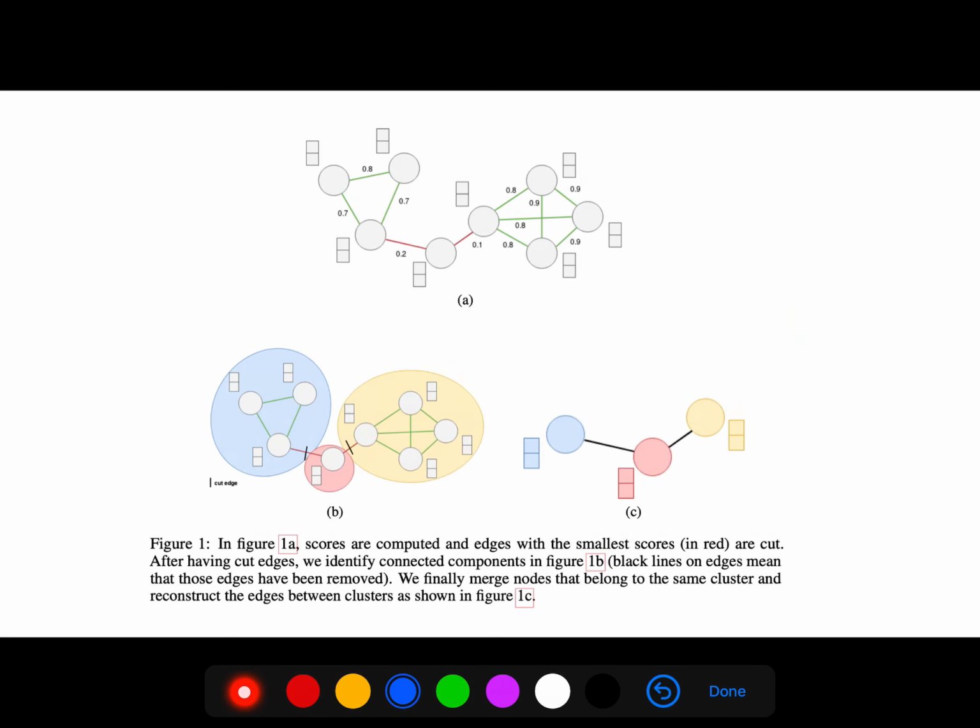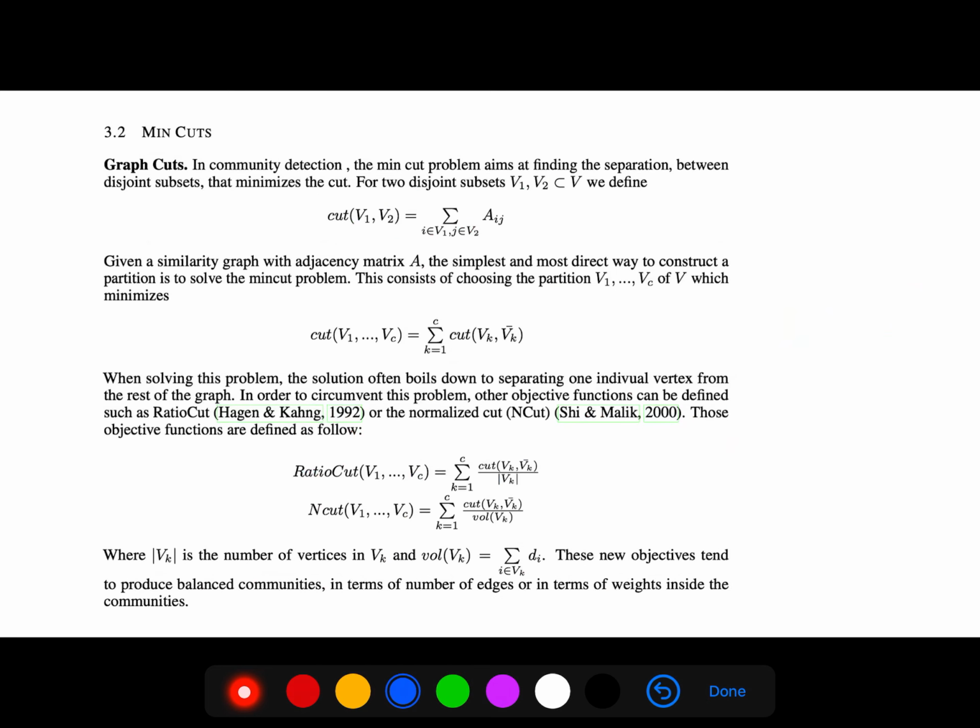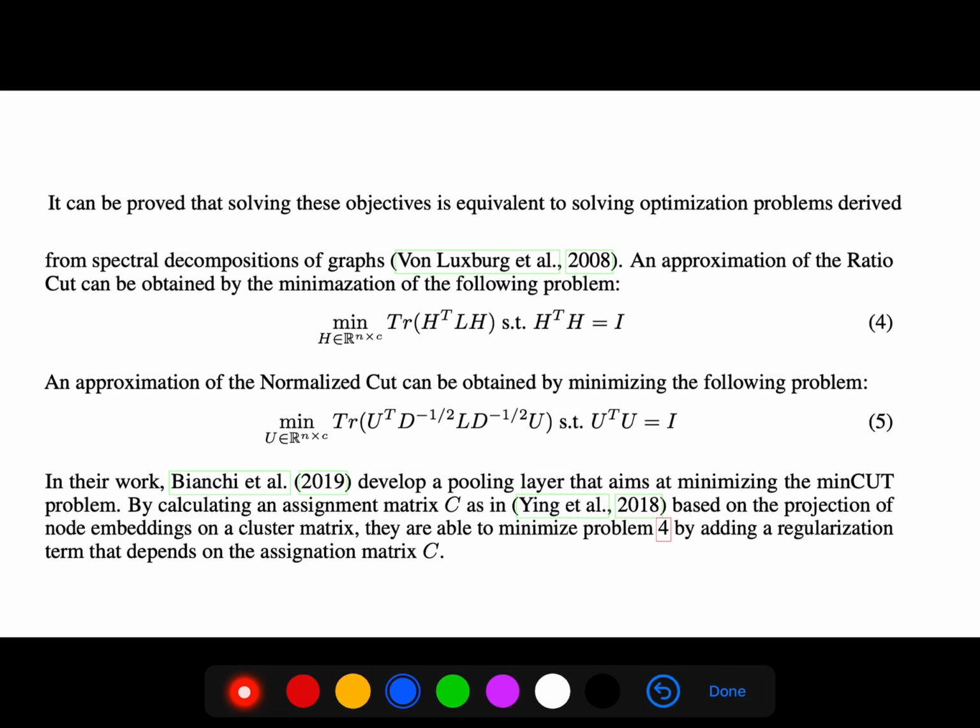And you see here, it's very similar to some other papers as well. For example, the min cut idea is not new, though they use min cut. But the way they do it is much easier. An approximation of the ratio cut problem is this.